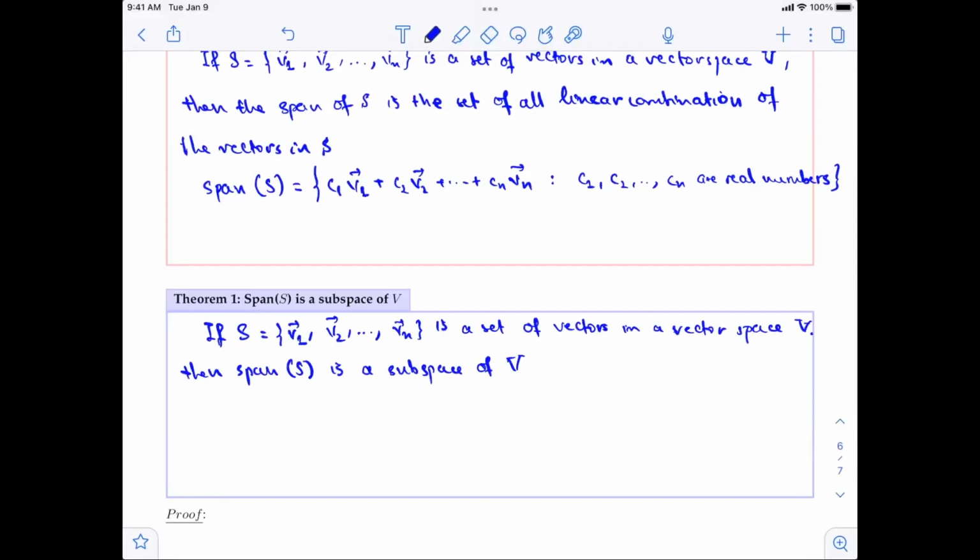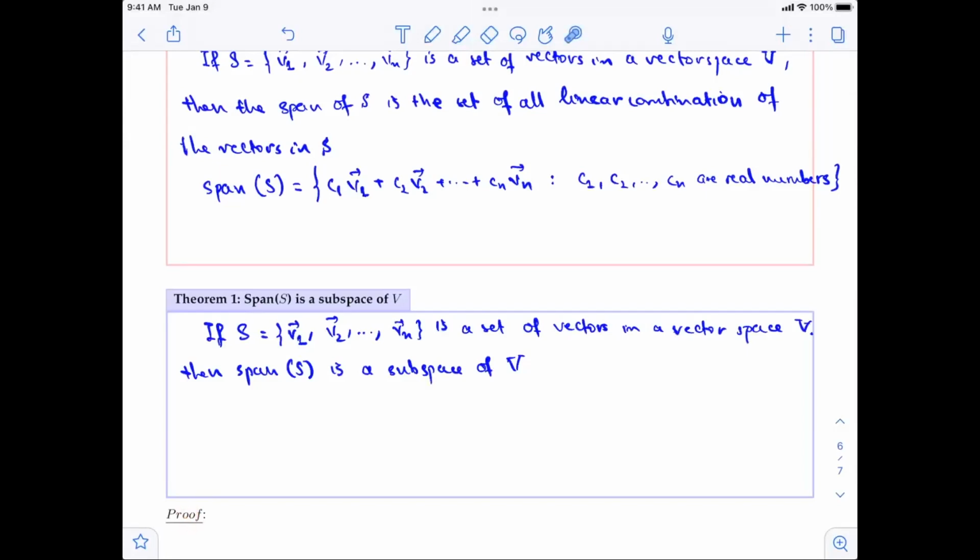To prove that the span S is a subspace of V, we would show that the zero vector is in the set, and that the span of S is closed under vector addition and closed under scalar multiplication.